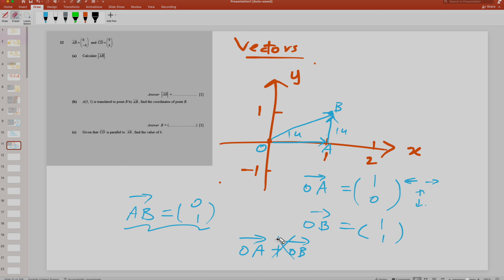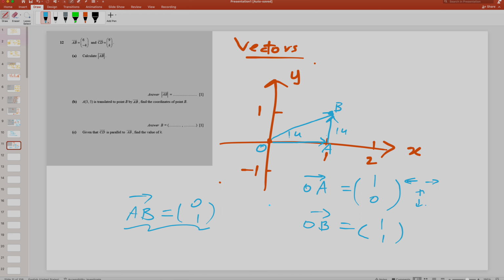The reason is, in order to add or subtract vectors, this and this must be the same letter. But over here it is not the same letter, so you cannot add or subtract. Usually I don't subtract, I add only. So remember, these two letters must be the same in order to add together. These two are not the same, so cannot add.